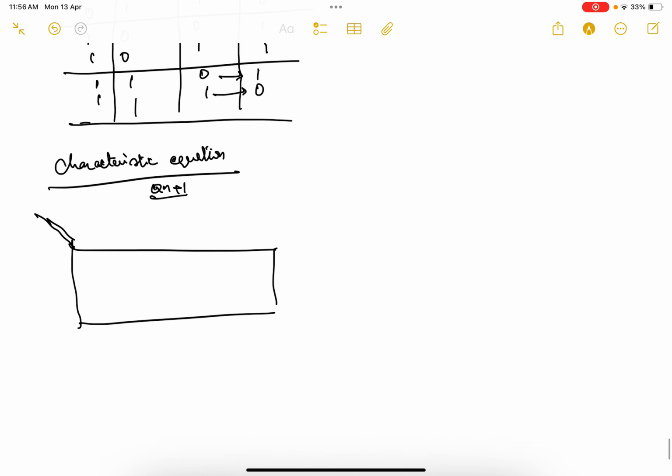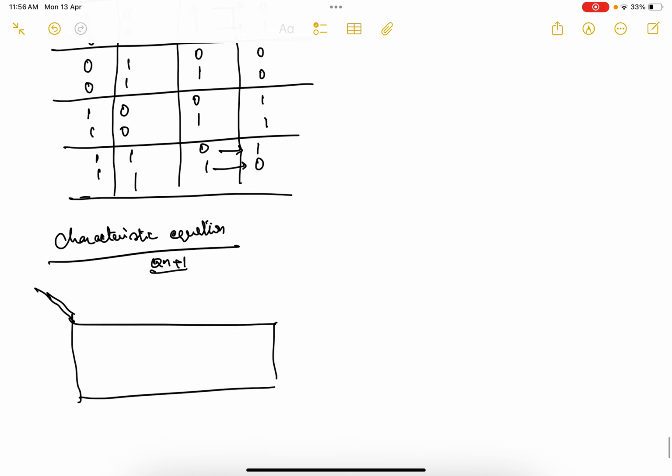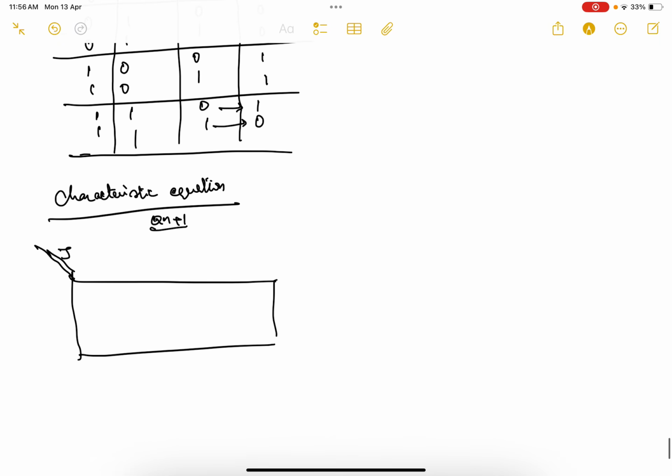So what are the 3 inputs? The 3 inputs are J, K, and Qn. JK I am writing here, and one is Qn. Qn can be either 0 or 1. JK can be either 0 0, 0 1, 1 1, and 1 0. Okay, and 0 1 2 3.